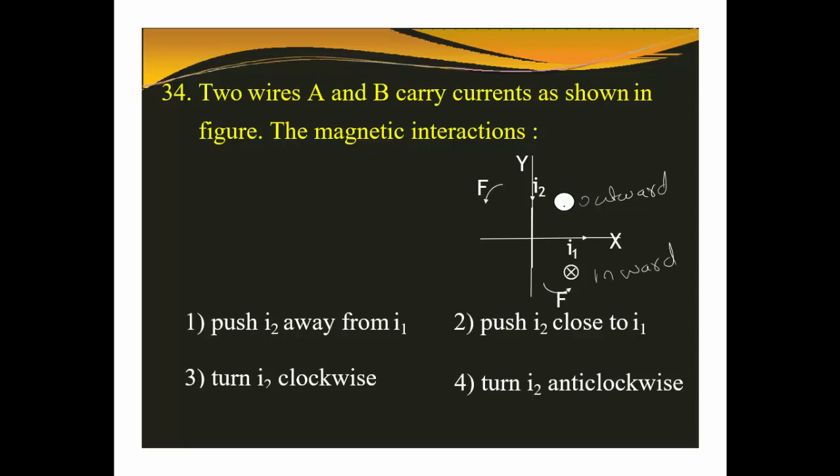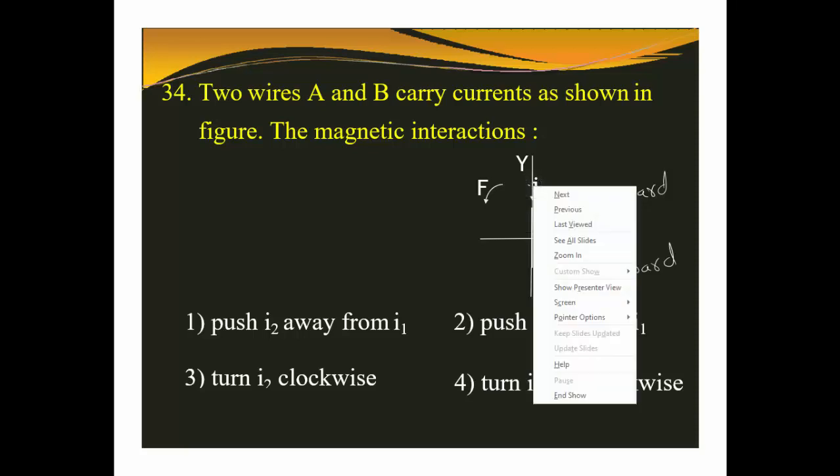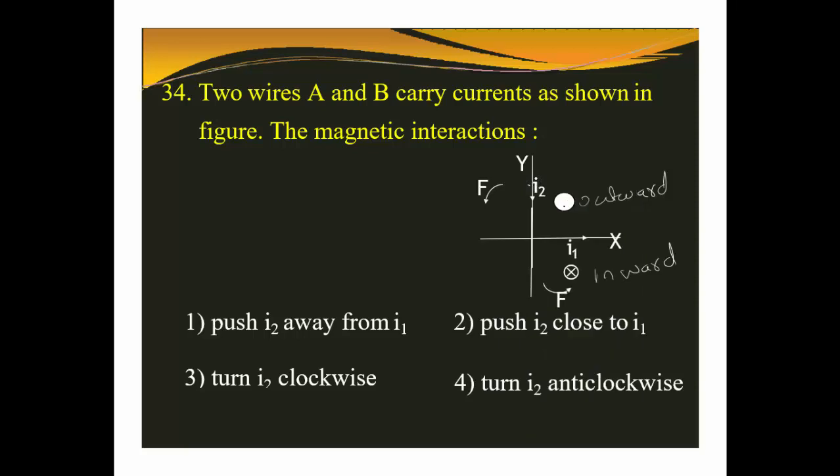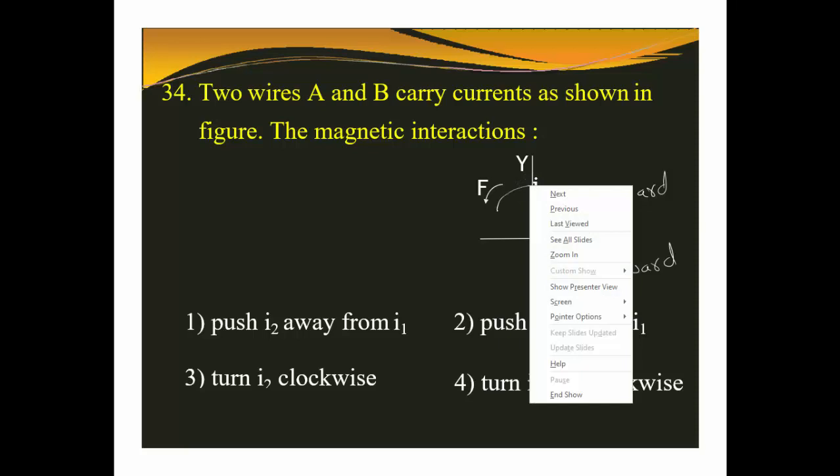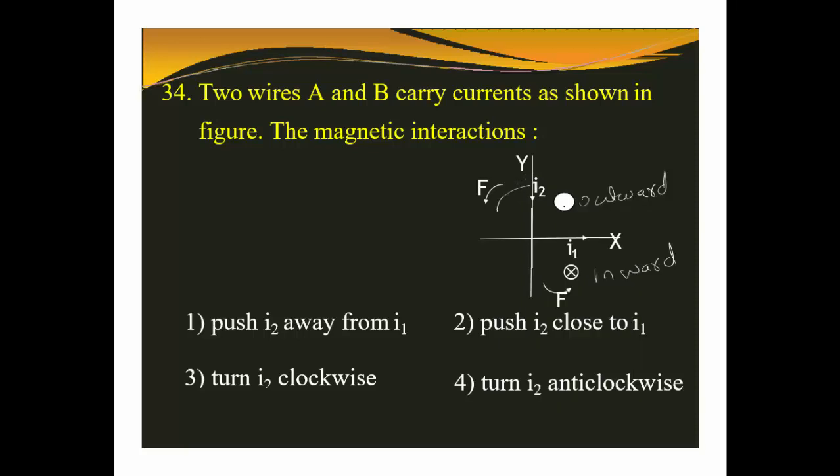So one is an inward magnetic field and the other is an outward magnetic field. The outward magnetic field pushes this in this direction, and the inward magnetic field pushes it in the opposite direction. This means I2 will rotate.